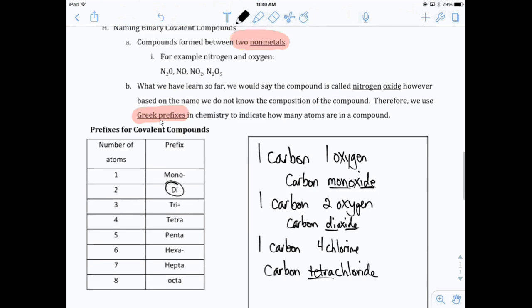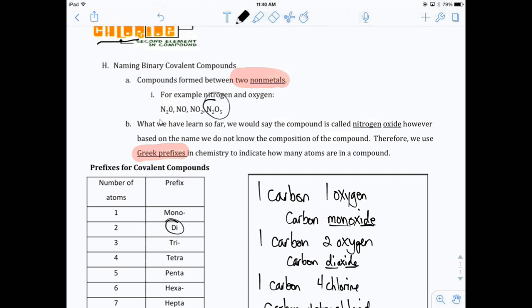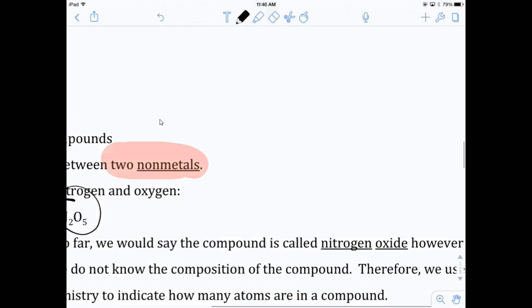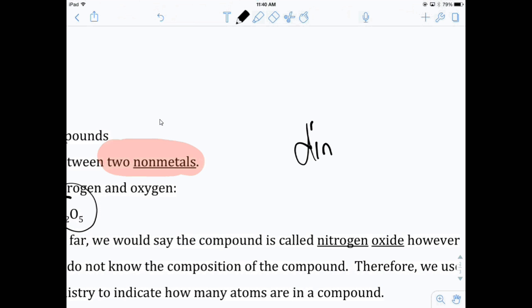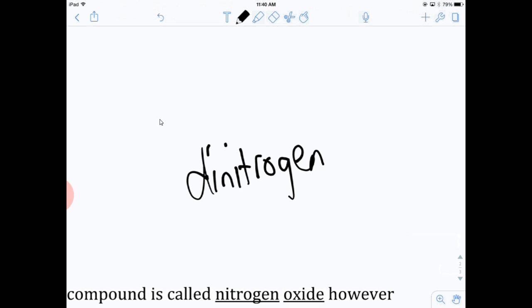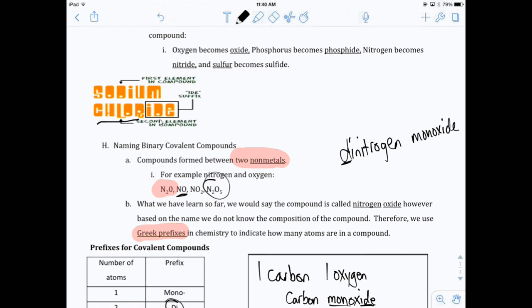All right, and like these up here, I've got dinitrogen pentaoxide. And then this would be nitrogen monoxide. And this one right here, the one I just highlighted, would be dinitrogen. So this would be dinitrogen monoxide. So even though all these other examples I gave you had no prefix in front of the first, if there's 2 there, like there is here in that first one, you have to put the prefix there.